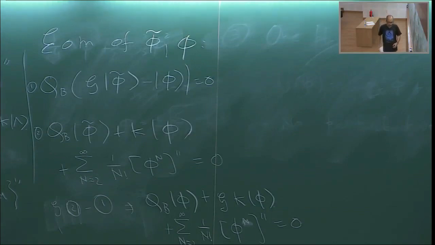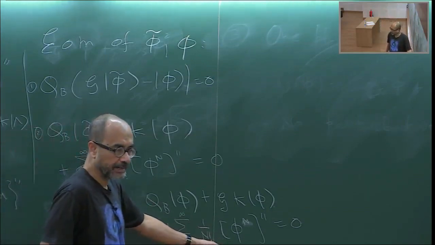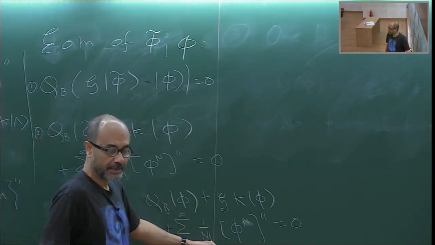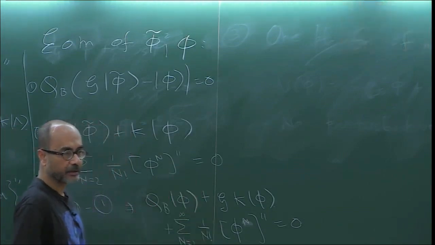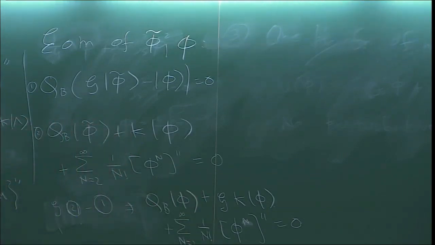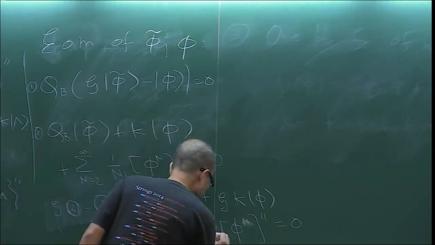So the idea now is that this is the interacting field equation. So phi is the interacting field. Okay, that gives the actual string theory S matrix. Okay, sorry, G multiplying it.